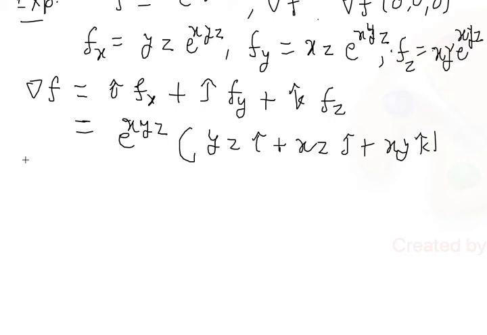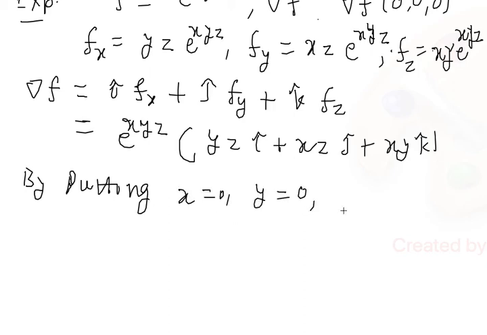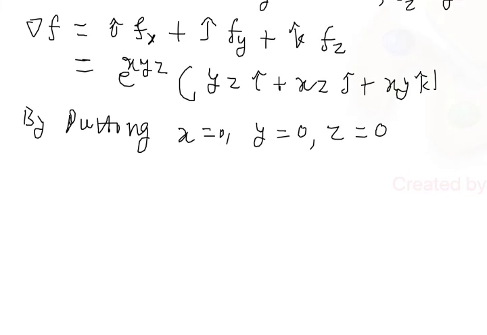So in the second part of the question we have to put the values of x, y, z as 0. So by putting x equal to 0, y equal to 0 and z equal to 0, then del f at (0, 0, 0) is, you know, when you put x, y, z as 0, all these things will be 0.